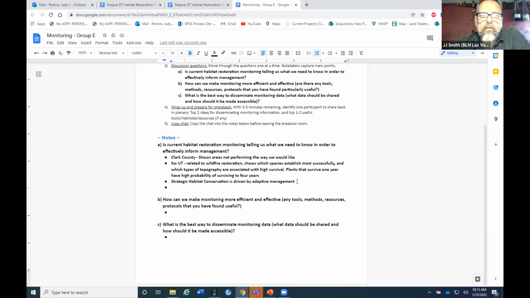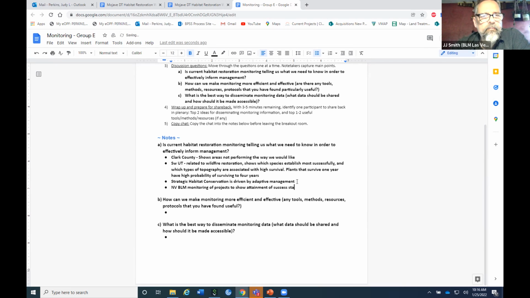One is project specific, and it's related to some public land project, and really proponents are responsible for monitoring these various aspects of their project so that they attain a certain success standard that was agreed upon. So those types of projects like transmission lines or other rights of way projects, those sorts of things.